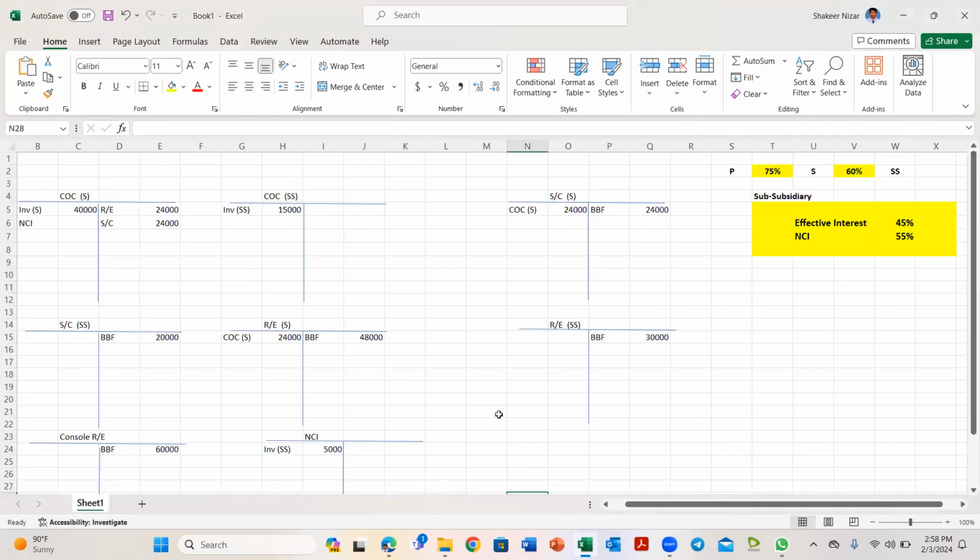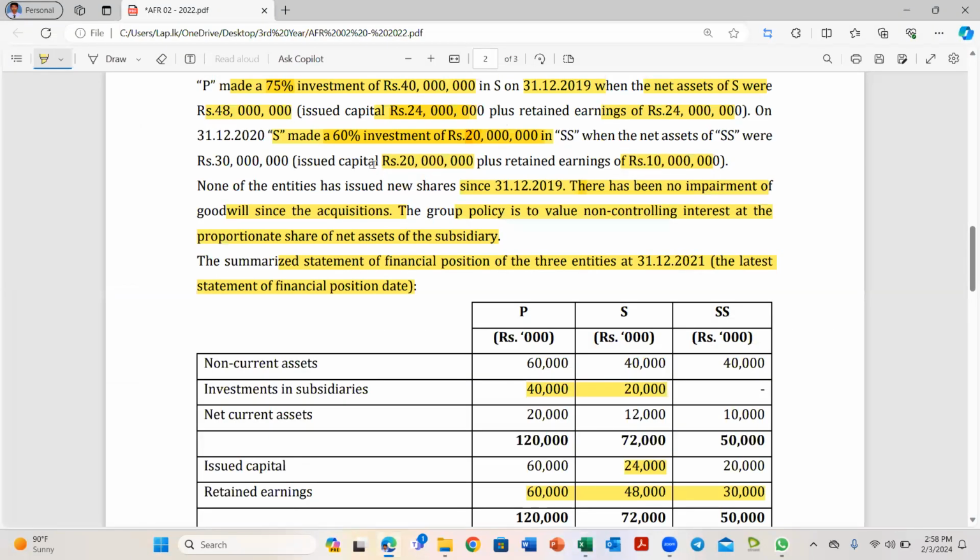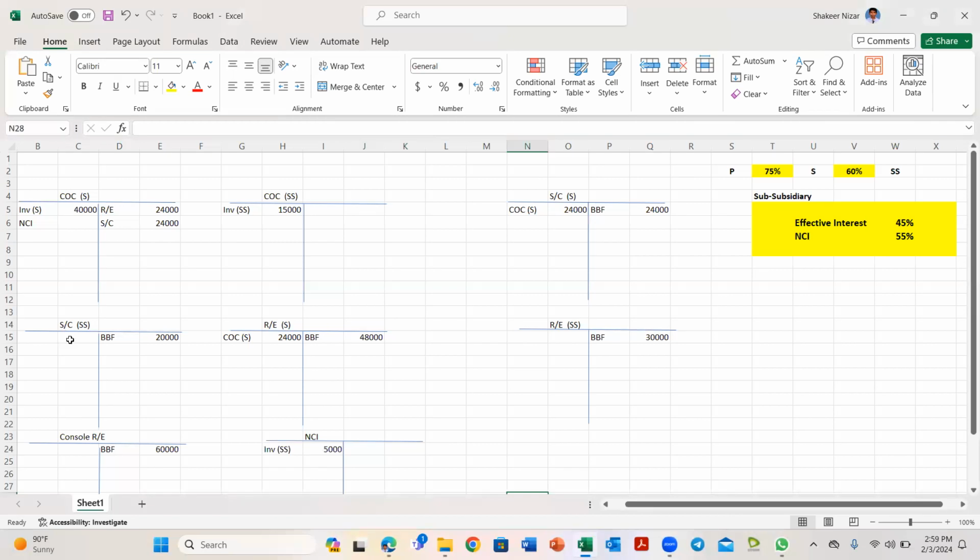Then you can recognize the stated capital. Stated capital is 20,000 and retained earnings 10,000. Recognize the cost of control credit, and the stated capital should be debit, right?